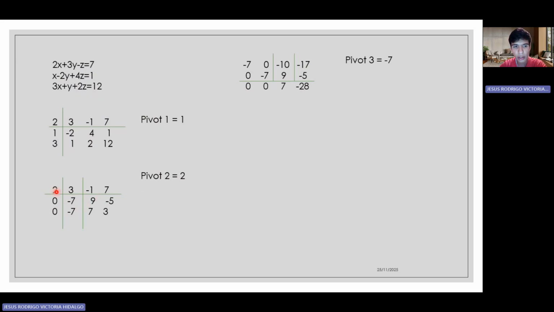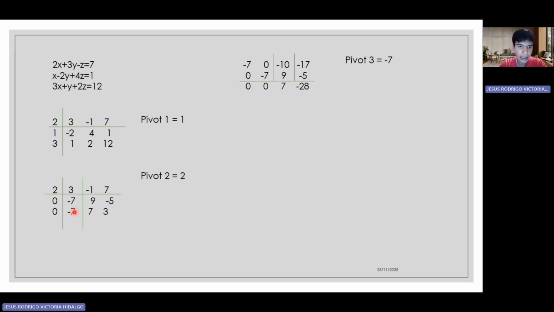Minus 14 divided by 2 is minus 7. In this position, it's the same row, so it passes just like that. In this position, minus 7 times 0 is 0, minus 7 times 0 is 0 minus 0. It's this 0 right here.